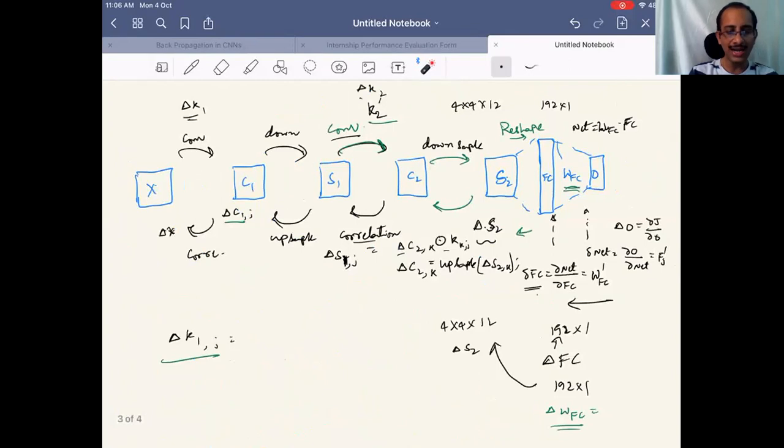So let me start writing the backpropagation equations. Before we write that, let us try to understand some of the aspects.